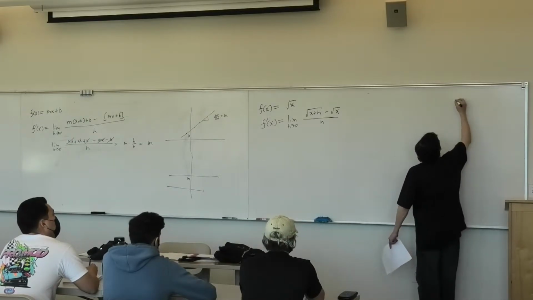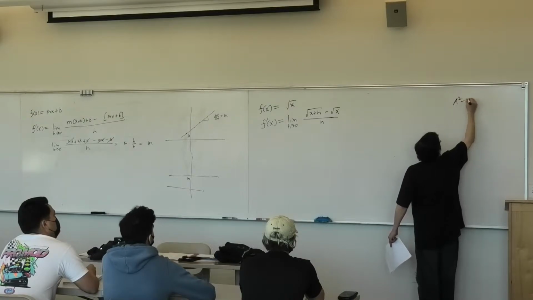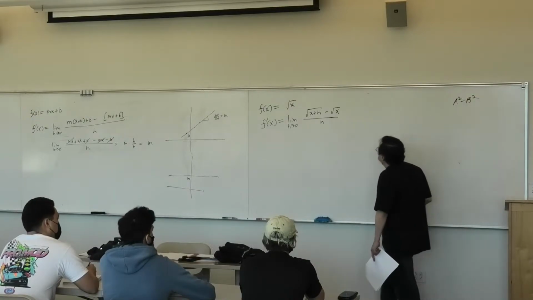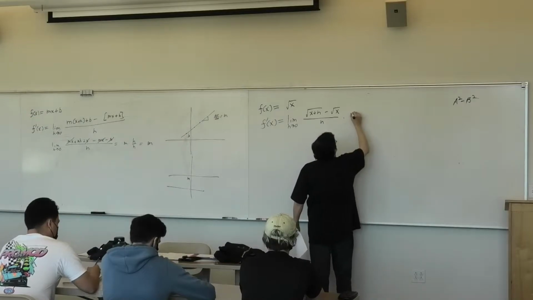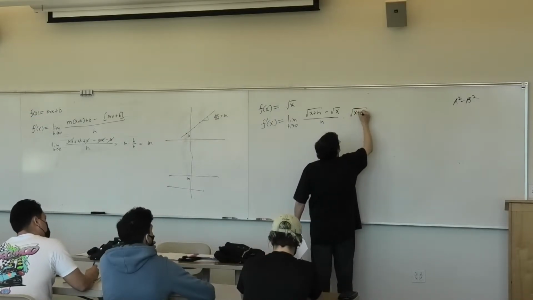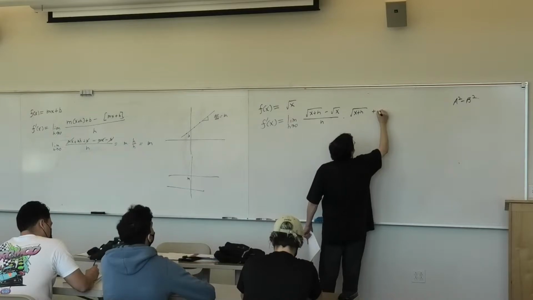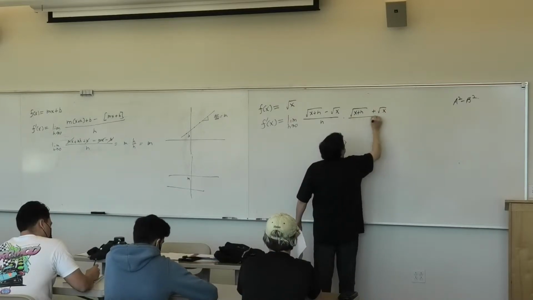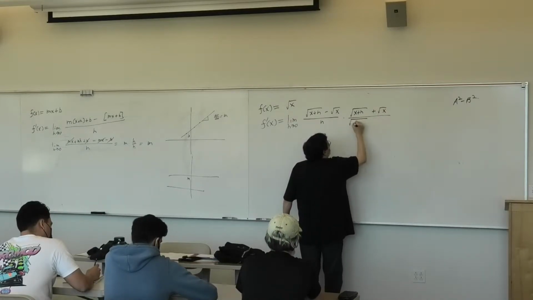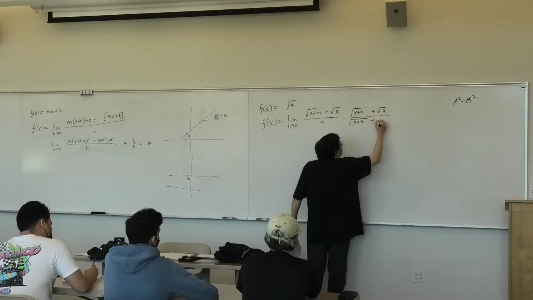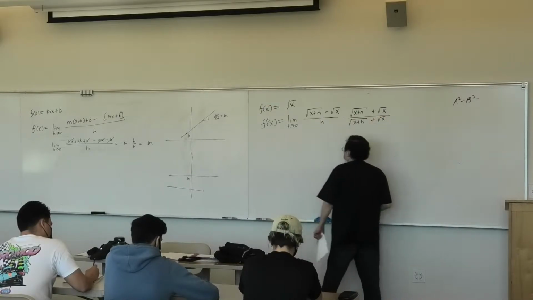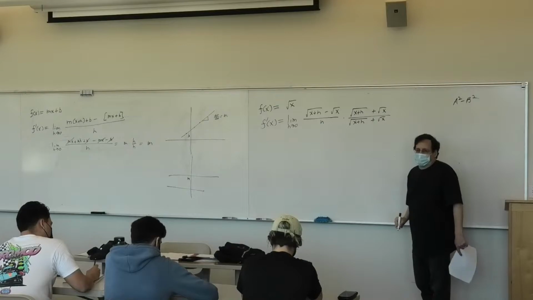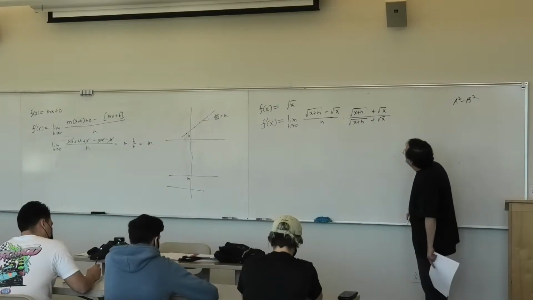It's the a squared minus b squared strategy. Let's multiply this by square root of x plus h plus square root of x. And of course, we have to make the numerator and the denominator the same, so it's just in the form of 1.